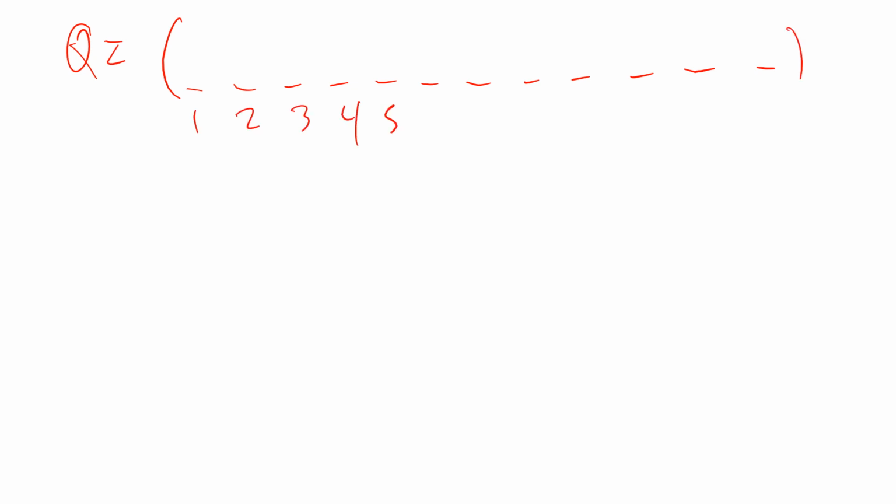If we have this queue, or I guess I should use capital Q just to be consistent. So let's see, we need 12 spots for this. I'm going to have a capacity of 12. 1, 2, 3, 4, 5, 6, 7, 8, 9, 10, 11, 12.